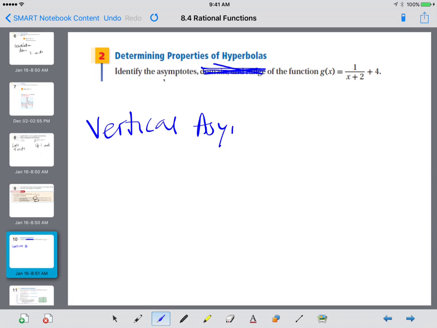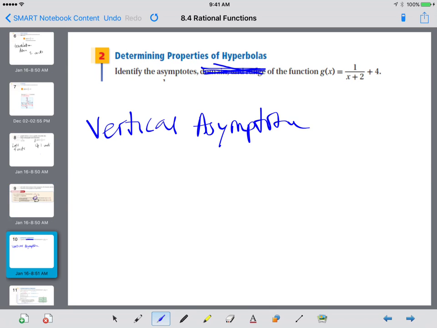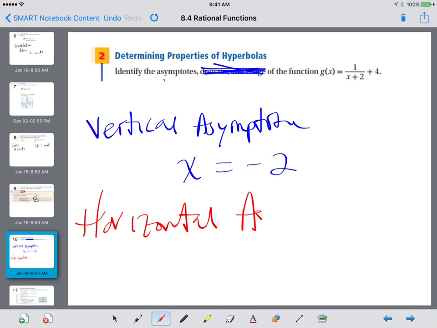But we can figure out the vertical asymptote. That is the line x equals h. H in this case is actually -2, so our vertical asymptote is going to be the line x equals -2. Our horizontal asymptote is the line y equals k.